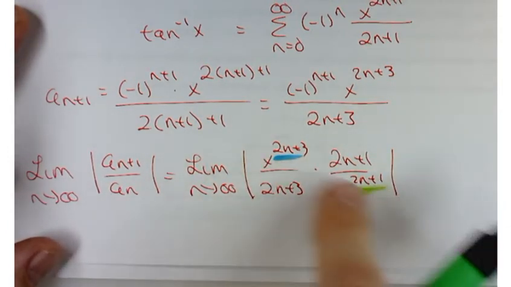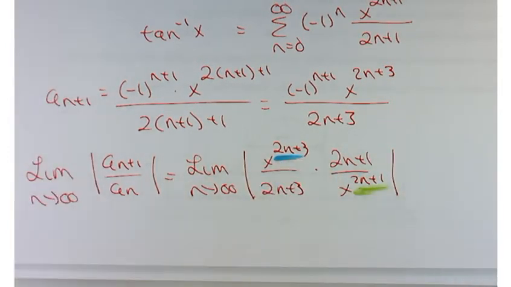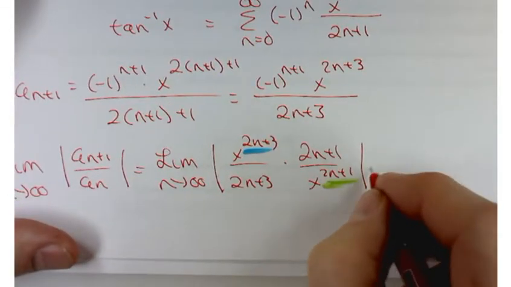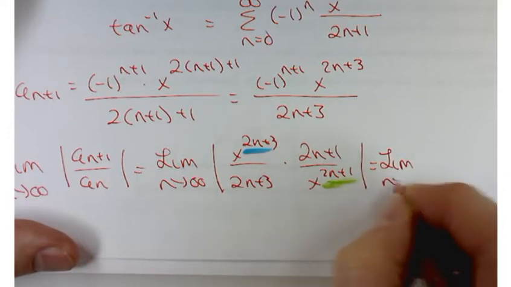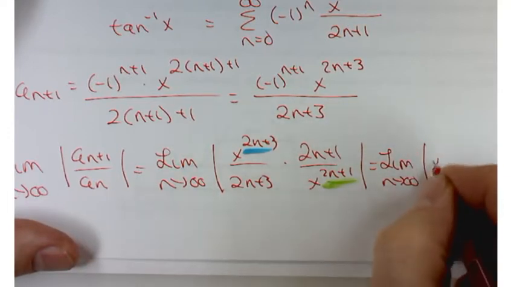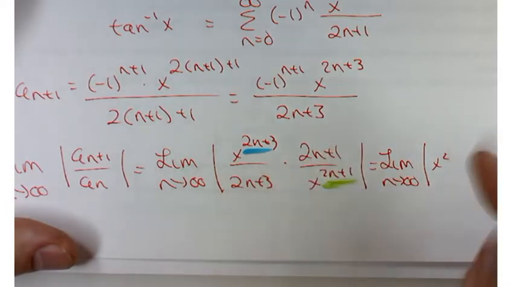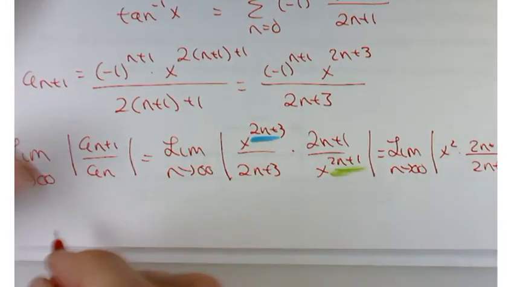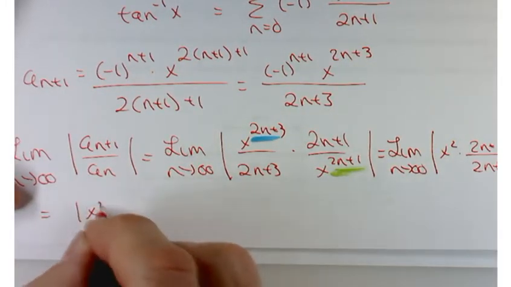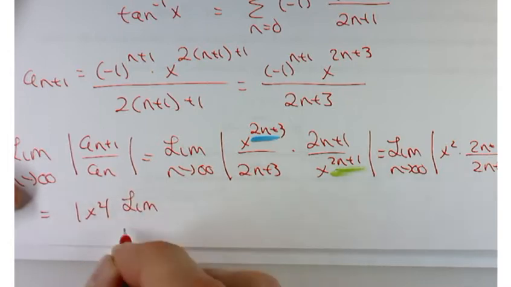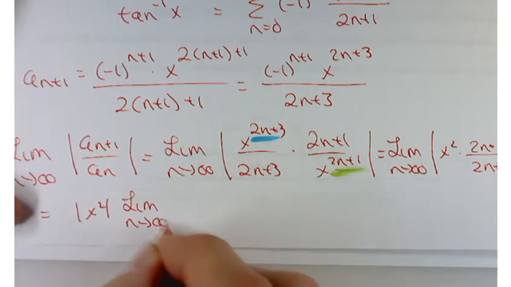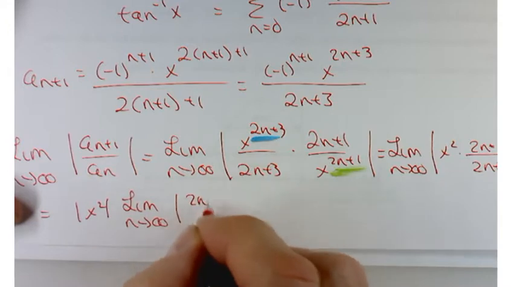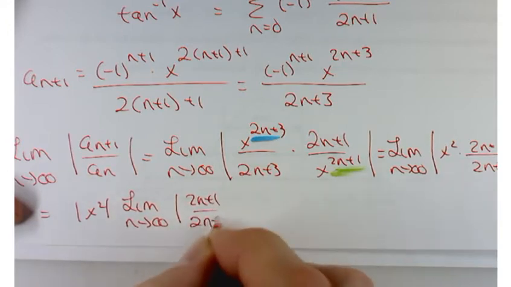This minus this is going to leave me with an x squared in the numerator. So it's going to be the limit as n approaches infinity of x squared times 2n plus 1 over 2n plus 3. That x squared comes out in front, and the limit of 2n plus 1 over 2n plus 3 is 1.